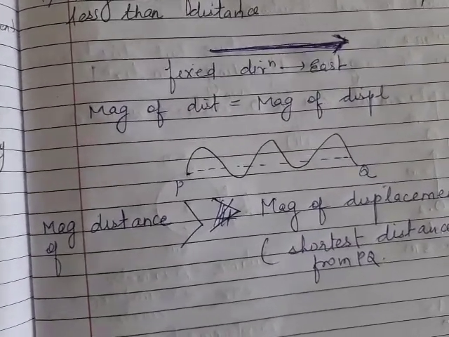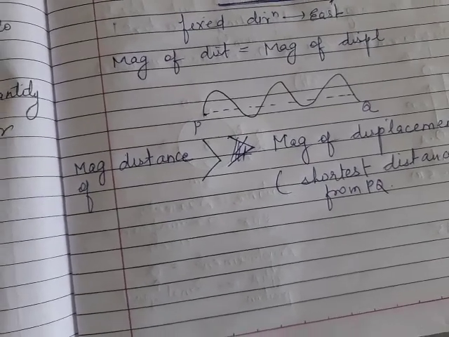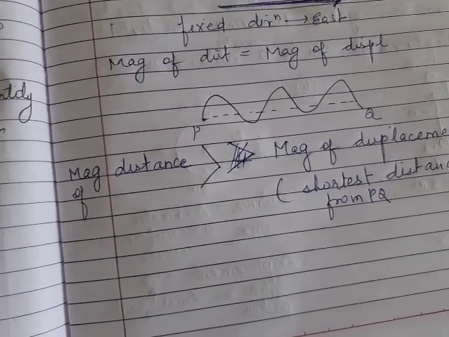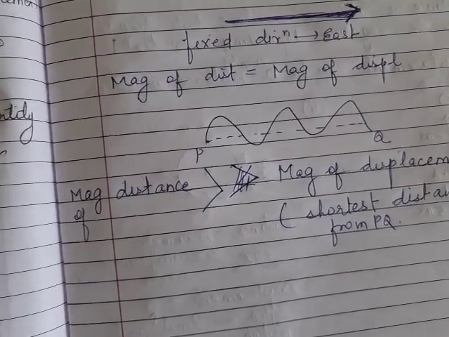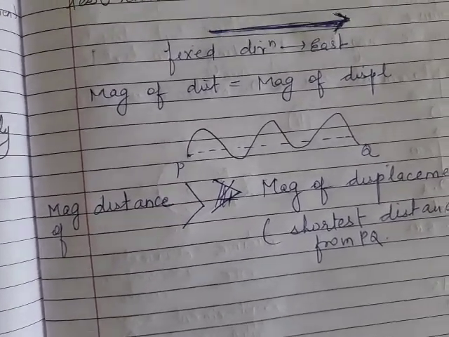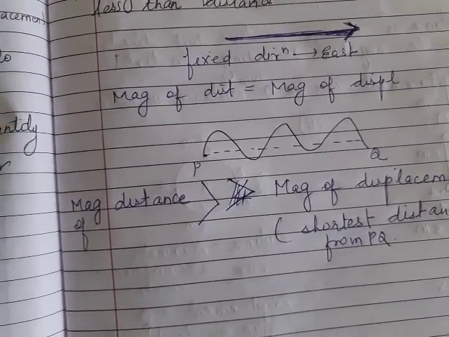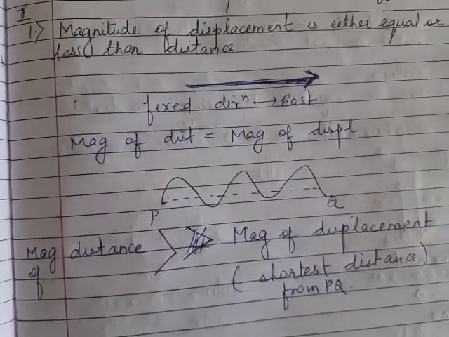I am reading the first point on page 29. Point number 1: the magnitude of displacement is either equal to or less than the distance. If the motion is along a fixed direction, the magnitude of displacement is equal to that of the distance.